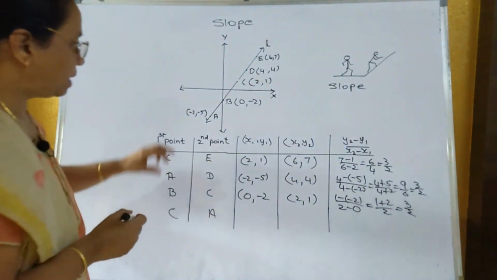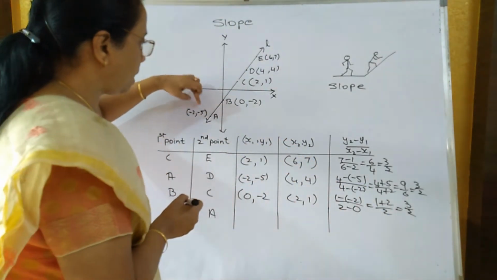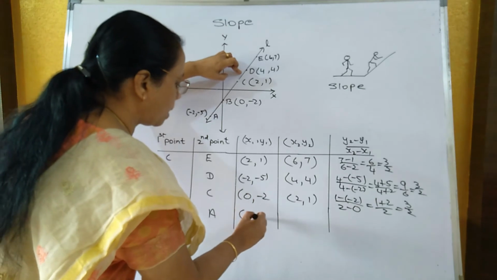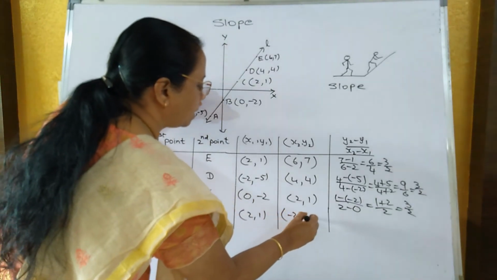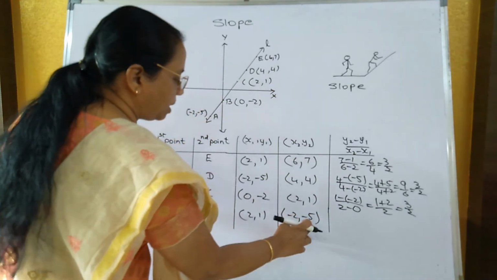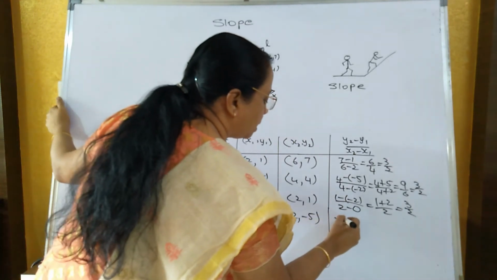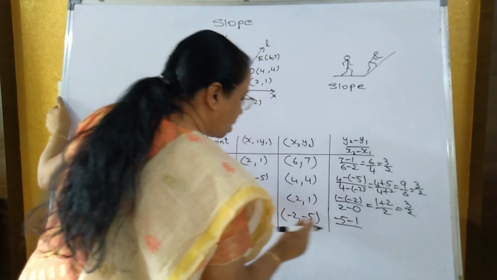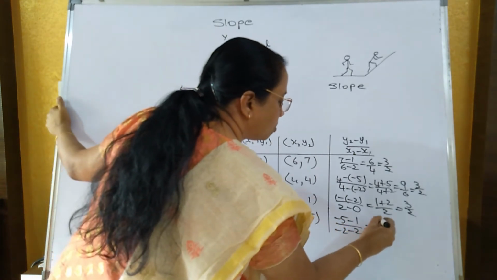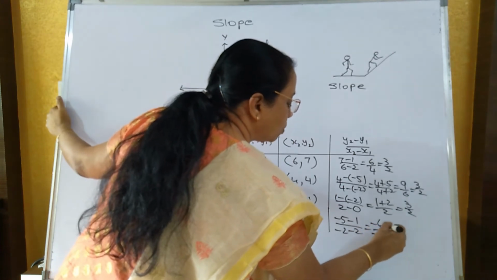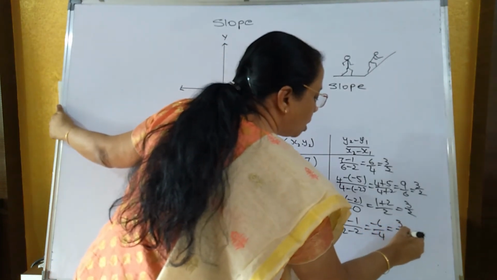Now next we will take C and A. C is (2, 1), and A is (-2, -5). Now -5 minus 1 upon -2 minus 2, that's equal to -6 upon -4, that's equal to 3 upon 2.